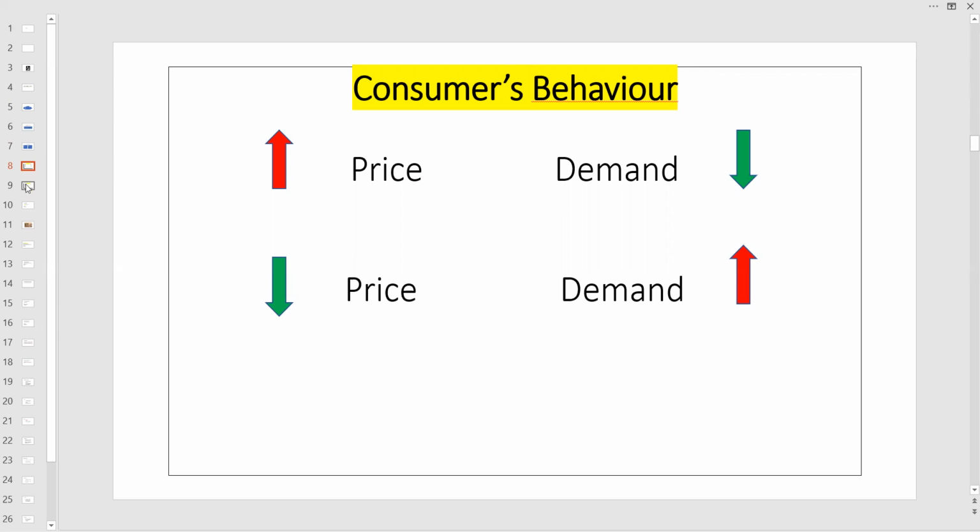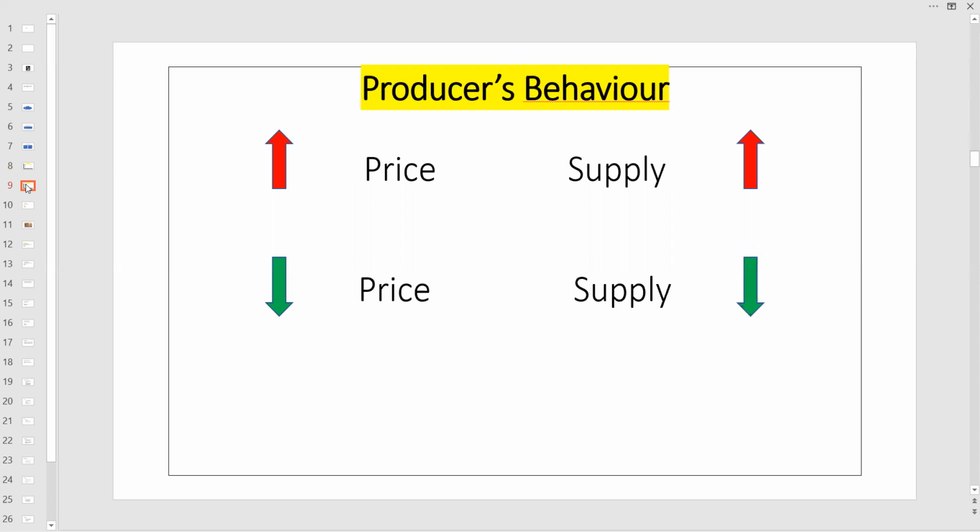Now, what is the producer behavior? Now all of you should be in the role of producer. Earlier we looked at demand, so you were in the role of consumer; now we are looking at the behavior of the producer. So what does the producer do when the price is high? At a higher price, the producer will supply more quantities into the market.